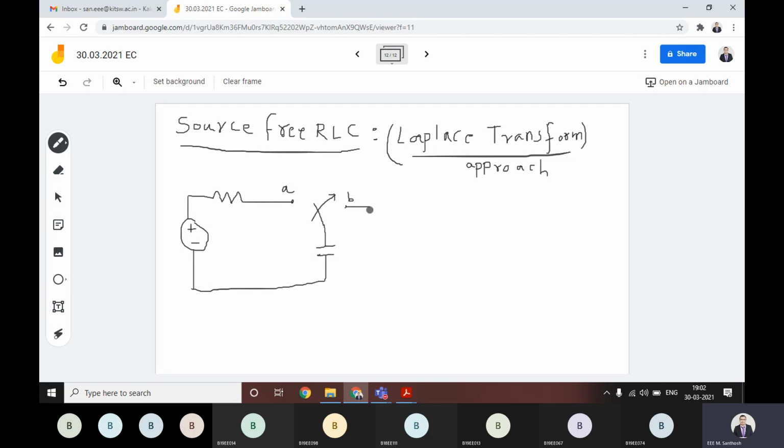Then you have an inductor. Then you have a resistor. This is an RLC circuit exactly. This is a 10 ohm resistor. You have to get the output here, V naught of t.